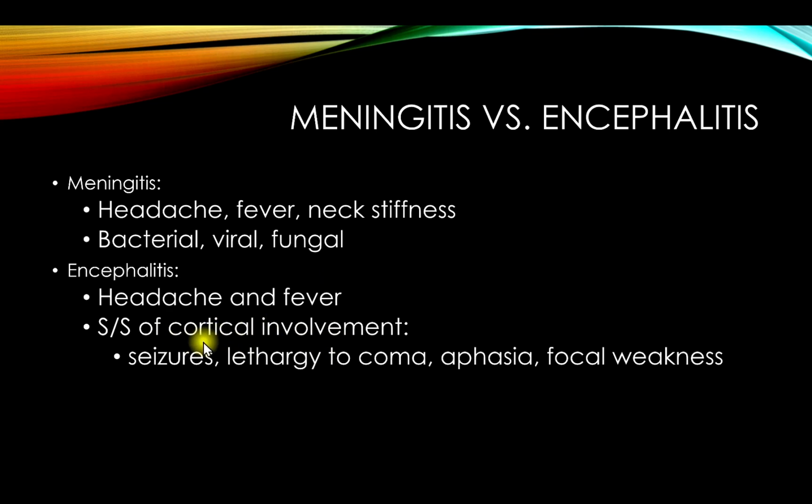And so clinically, we know that we're not just dealing with a meningitis when the patient has symptoms of cortical involvement, like they have a seizure, or the patient is unresponsive, or if the encephalitis involves the language areas, they have an aphasia, or if it involves the motor cortex and they have focal weakness. So these kinds of symptoms tell us that this is much more serious. I mean, a meningitis is serious, but if the brain itself is involved, that's very serious, and that is called encephalitis.